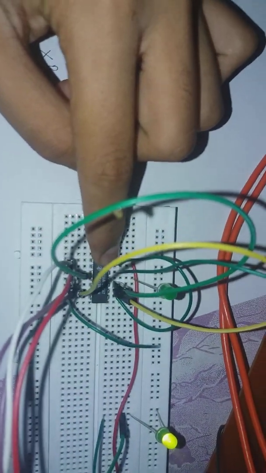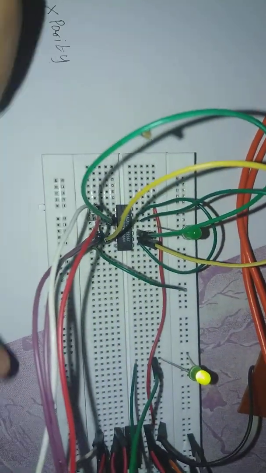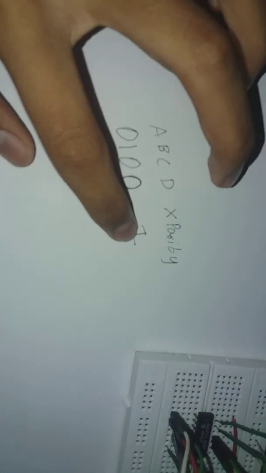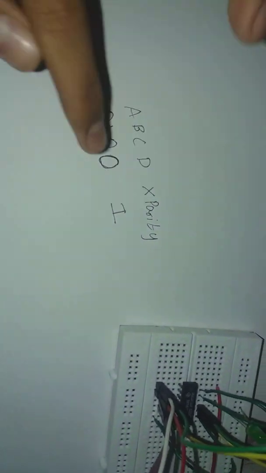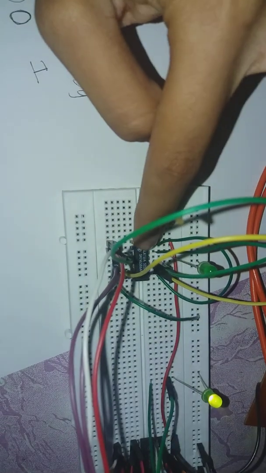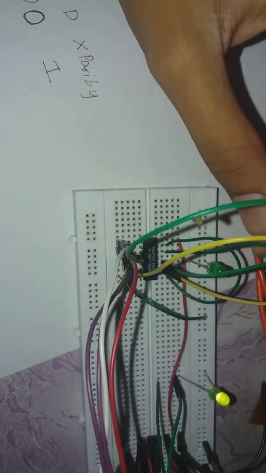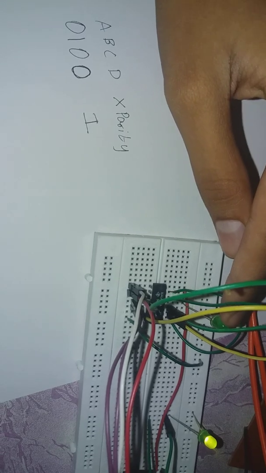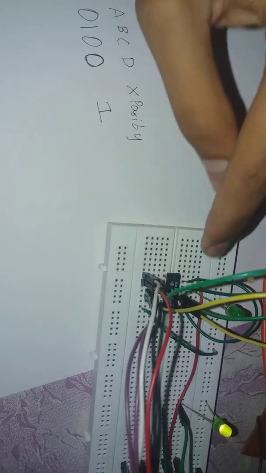The transmitted bits are 0 1 0 0 and 1, and these 5 bits are being transmitted into the checker. The checker will check whether the number of ones is even, then it will not glow. If the number of ones is not even, then it will glow, because this is also an even parity checker.